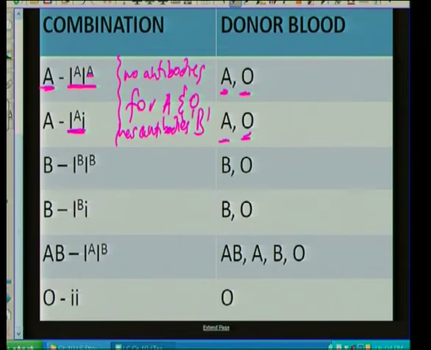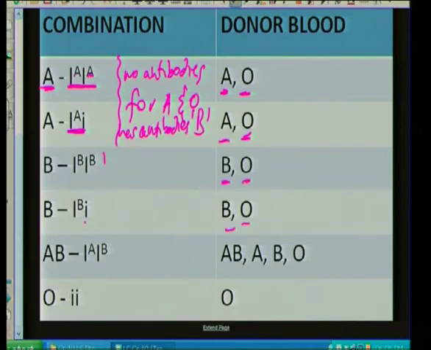So if he gets B blood, his body will react to that and the blood will clot.